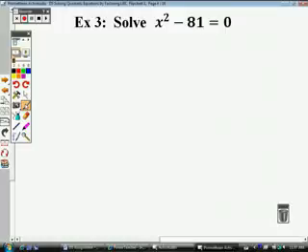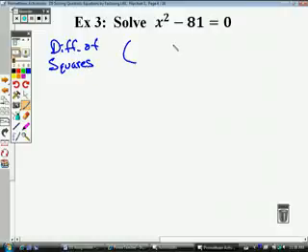You gotta make it equal 0 if it doesn't. Okay, did you recognize that special pattern as the difference of squares? Okay, so I'm just making a note. This is difference of squares. And I know it's been a long weekend, so you probably don't remember how we did a difference of squares.